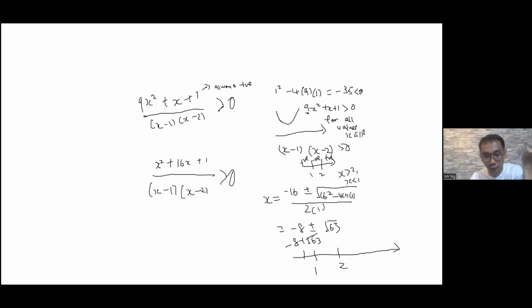Obviously, if it's minus 8 minus square root 63, it should be even smaller. So over here is plus, minus, plus, minus. So your answer will be x is more than 2, x is between 1 and minus 8 plus square root 63, and x is less than minus 8 minus square root 63.